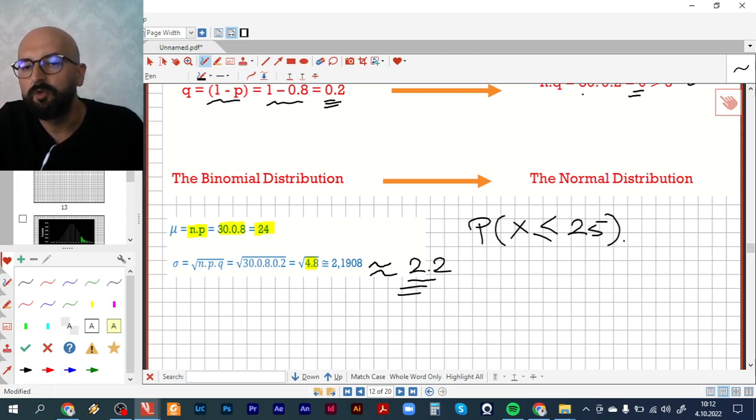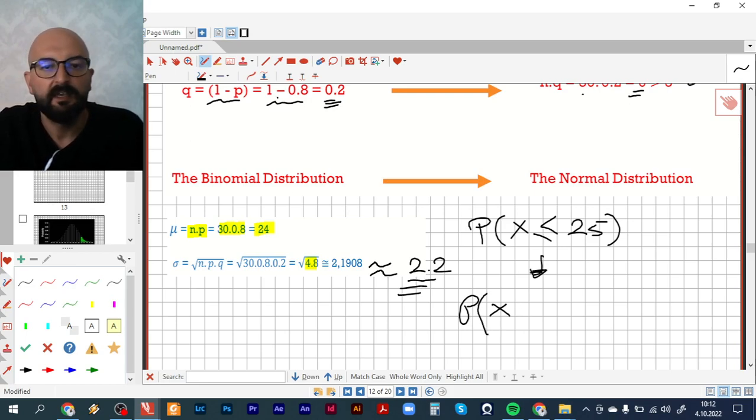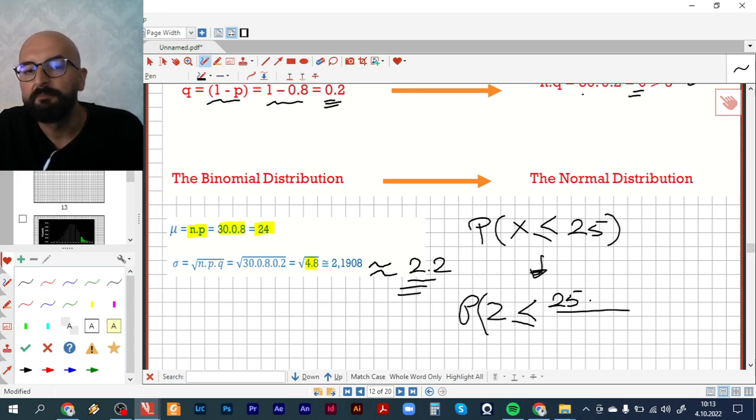And we learned to transform this probability to z values. x transforms to z: z is less than or equal to x, which is 25, minus mu, which is 24, over the standard deviation, so 2.2.